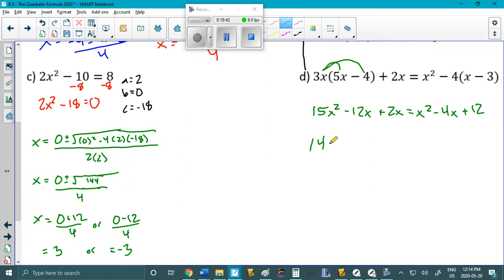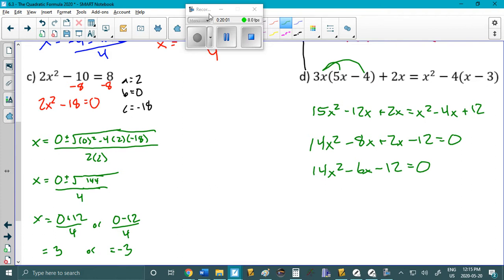So I subtract x squared from both sides, I add 4x to both sides, oh, still got that plus 2x there, and then I subtract 12, and now I combine those two like terms. Okay, and there we go.